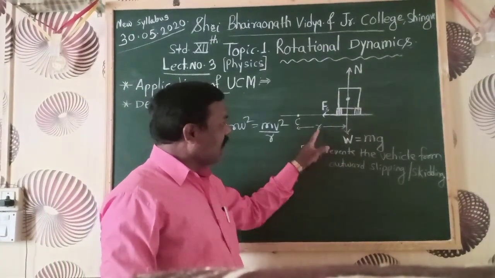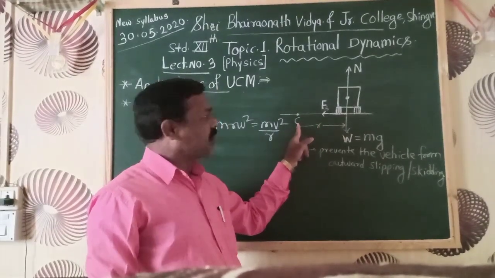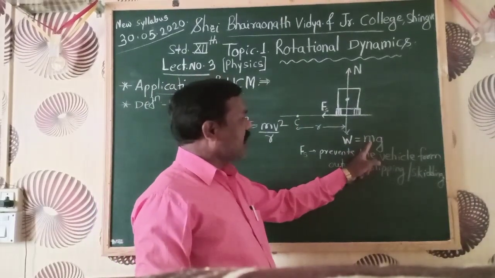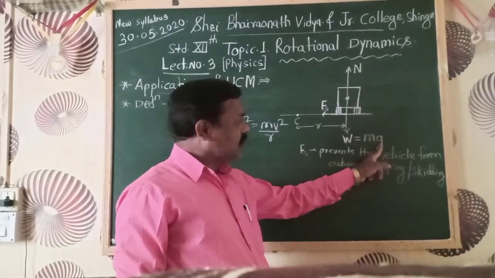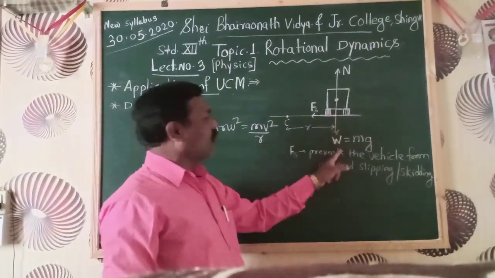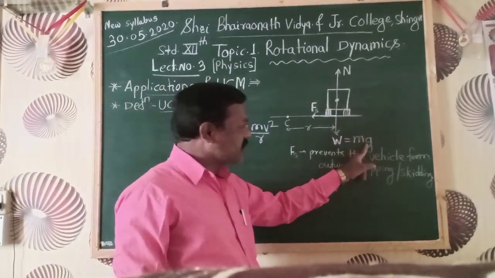Then assume R is the radius of the circular track, C the center of the road, and the weight of that vehicle W is mg. There are two types of forces. The force acting vertically downward is the weight of the given body, W equal to mg.